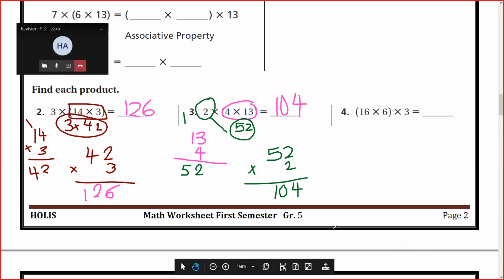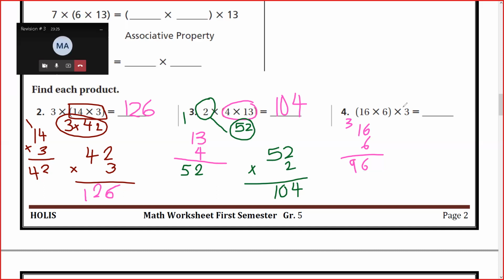Now, number 4. 16 times 6 times 3. Let's choose. Malak Anas? Yes, Malak. So first of all, you need to multiply 16 times 6. 6 times 6, 36. 6 times 1, 6 plus 3, 9.